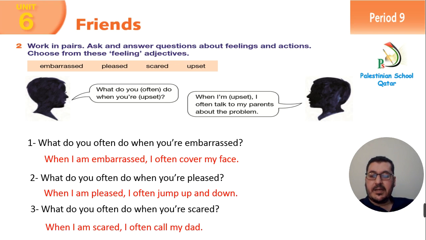When I am scared, I often call my dad. So it depends on you, and you can ask these questions to your friends, what do you often do when you are pleased, embarrassed, scared, upset, worried, for example, according to you.